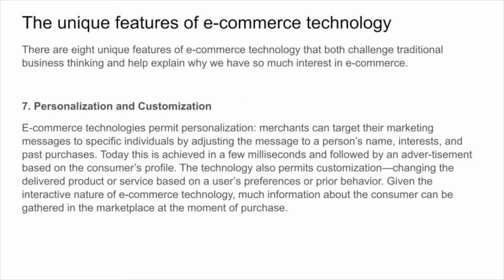Further, the e-commerce technology allows for a great deal of personalization and customization. Just think about your cell phone, for example. If you think about all the apps you can put on your cell phone, your apps are different than my apps. In other words, you can customize your cell phone to do the things that you want it to do. Well, that's a good analogy for e-commerce as a whole, because e-commerce technology allows you to personalize what you want.